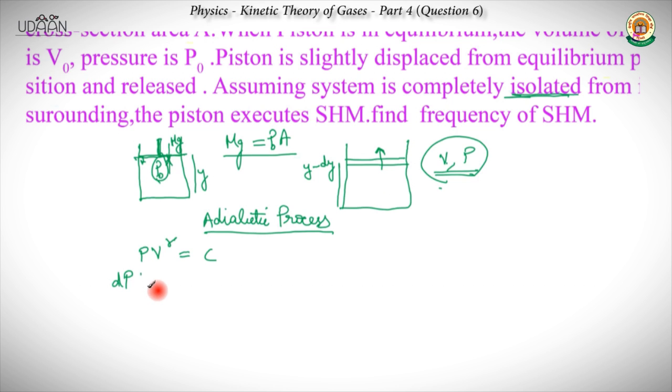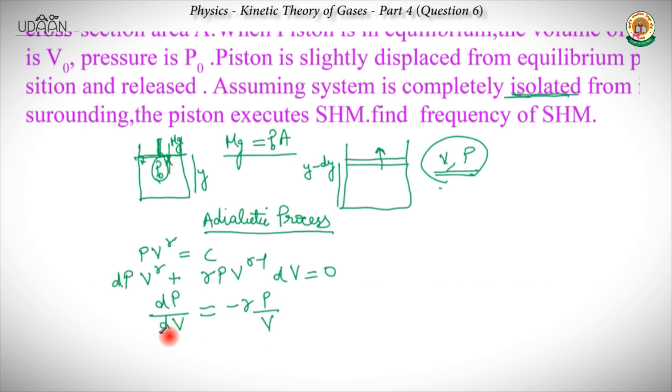So dP V to the power gamma plus gamma P V to the power gamma minus 1 dV would be equal to 0. We have dP by dV, which will come out to be minus gamma P by V.